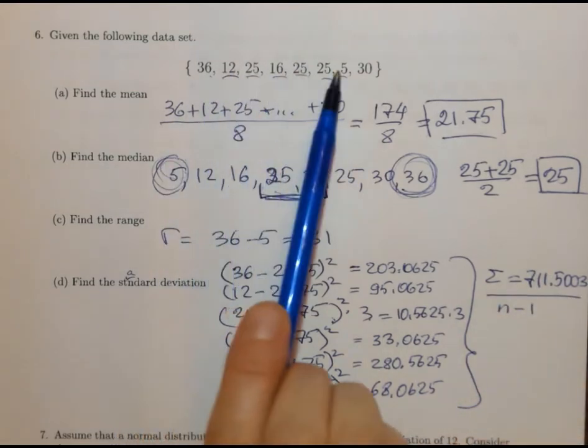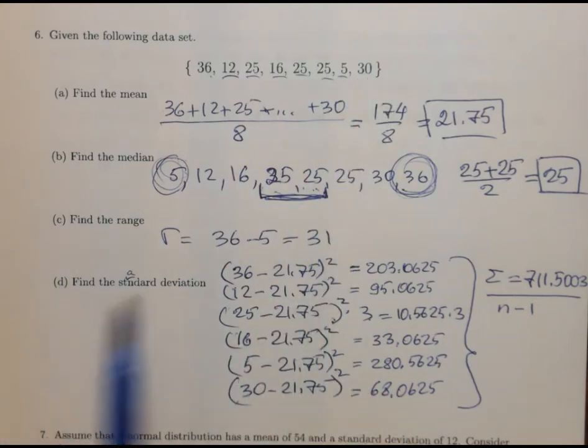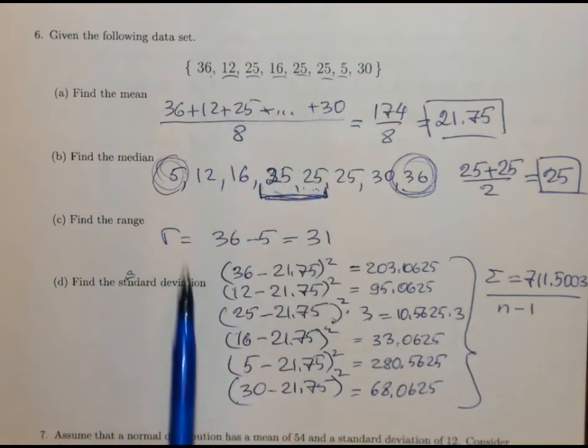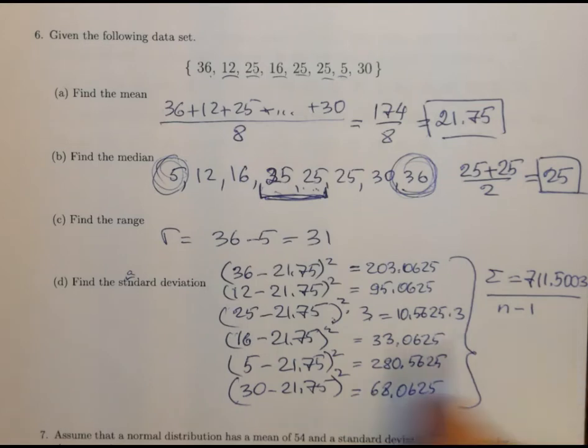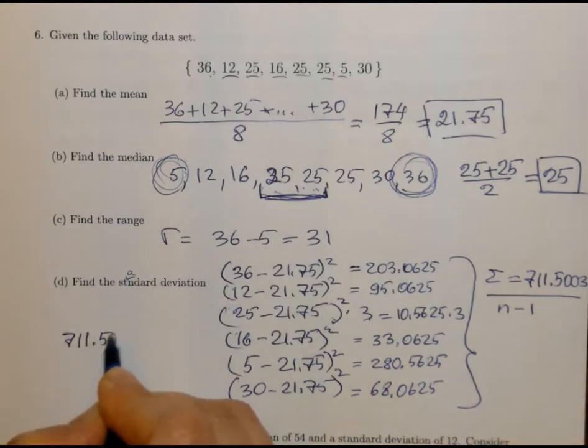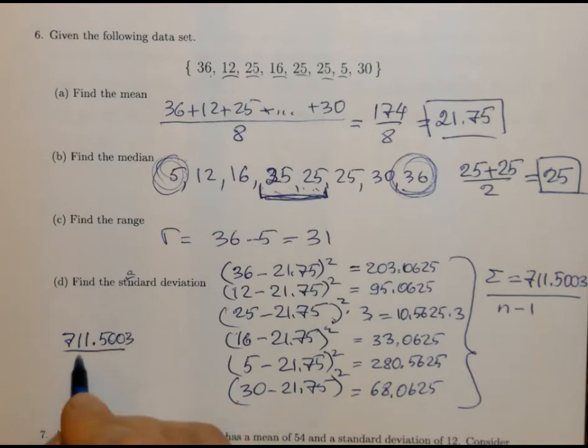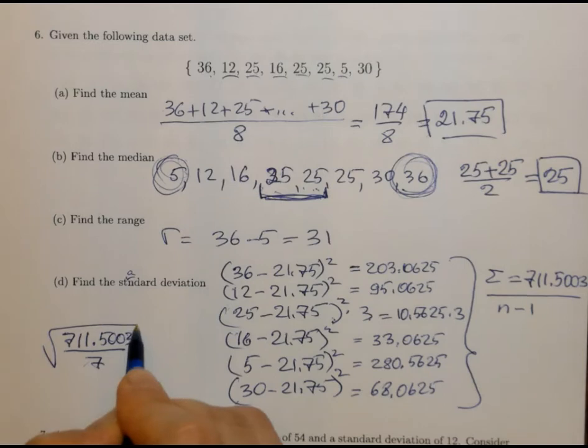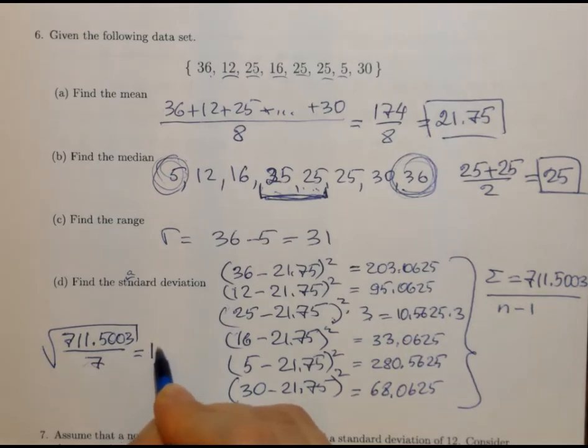We have 8 numbers here, so we divide by 8 minus 1, by 7, and then we take the square root of this number, and it is 10.0818, and so on.